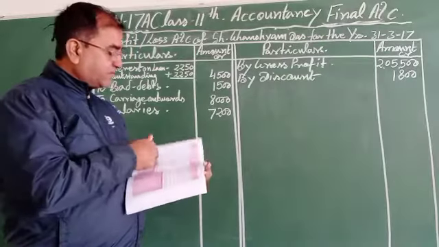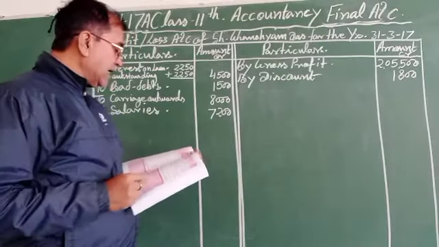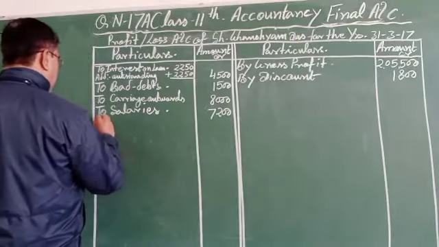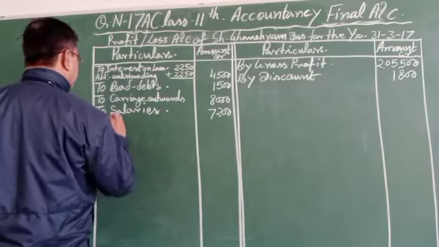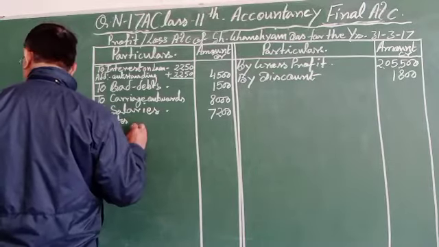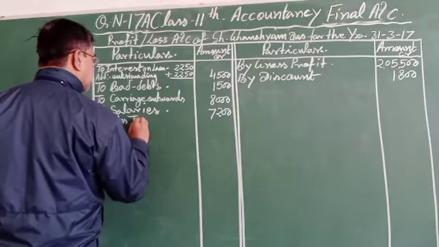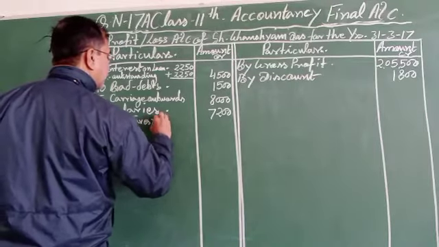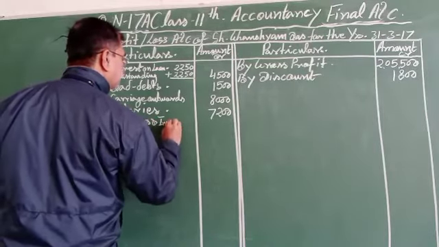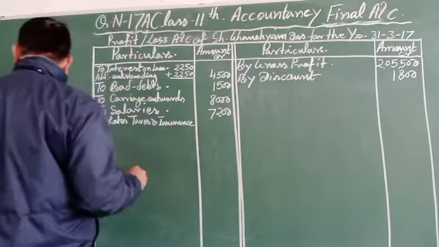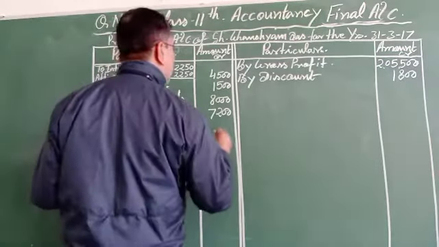After that, to rates, taxes and insurance, insurance given 15,000.